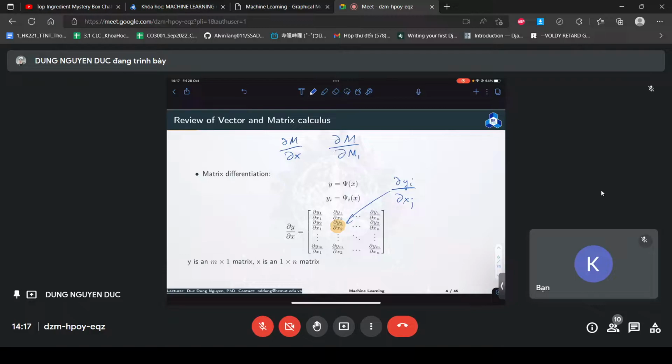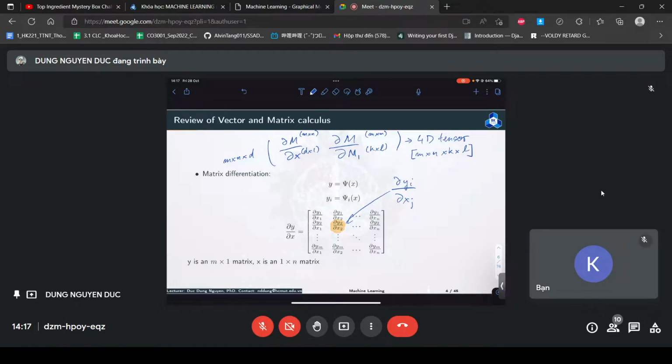That's your choice. But if you have a derivative of a matrix of size m by n with respect to a vector x of size d by 1, you should have this derivative with size m by n by d, which is a tensor of three dimensions. Likewise, if you have an m by n matrix and take the derivative with respect to another matrix of size k by l, then you have a 4D tensor with dimension m by n by k by l.